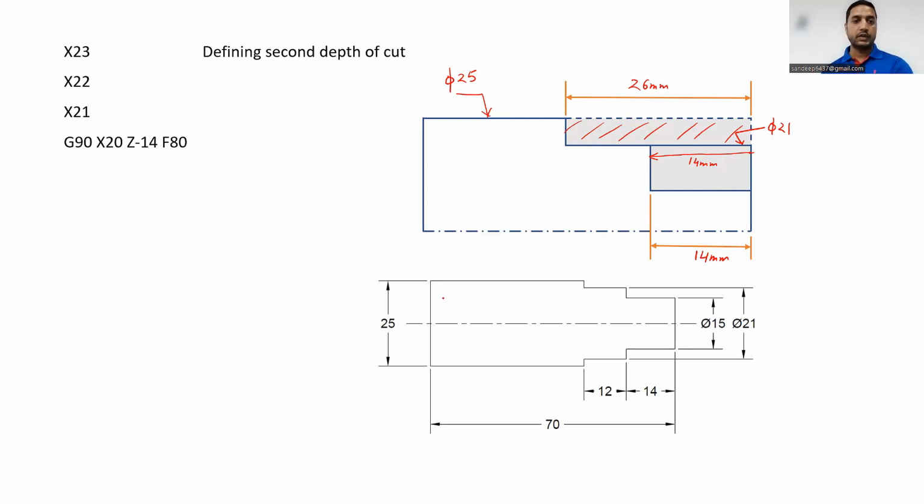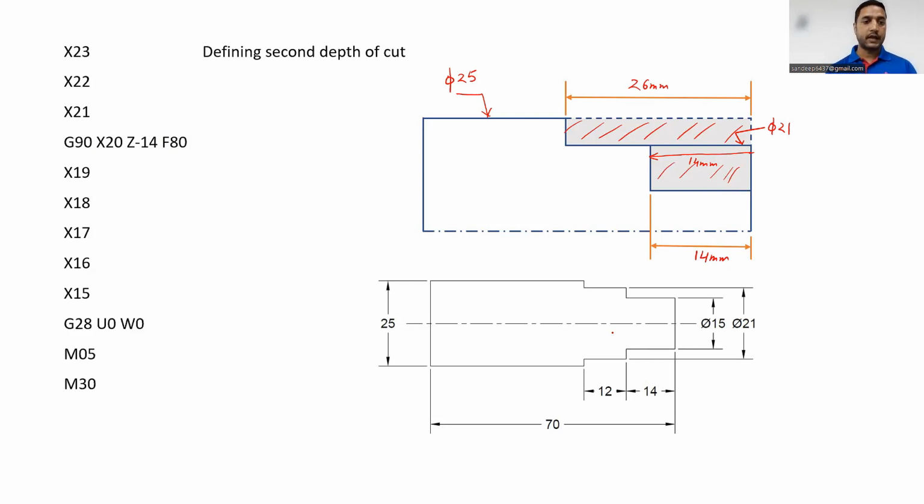After that, there is no need to write G90 code again and again. We will simply change the diameter value. So from 20 to 19, then 19 to 18, 18 to 17, then 16, and then 15. It means that we have removed this material also, and we have got the desired profile for which we were writing the program.